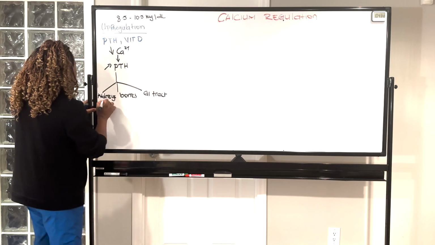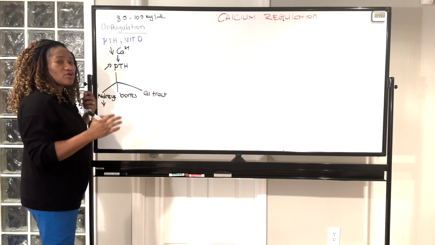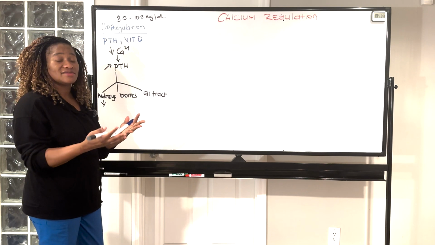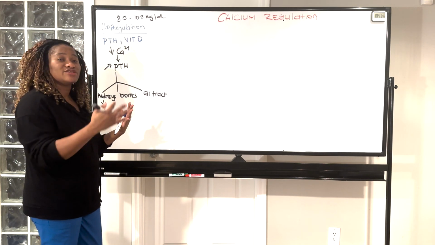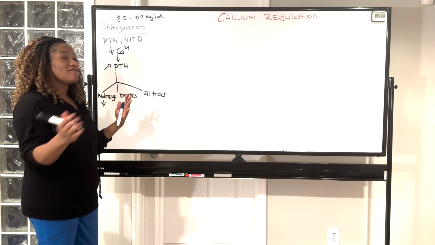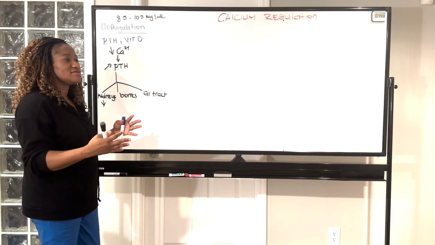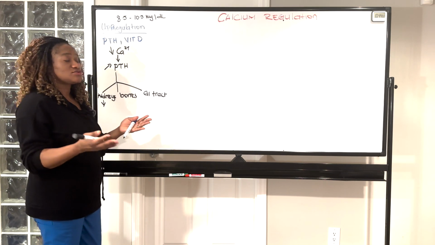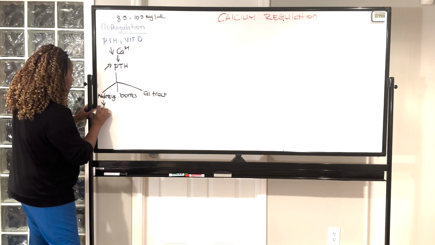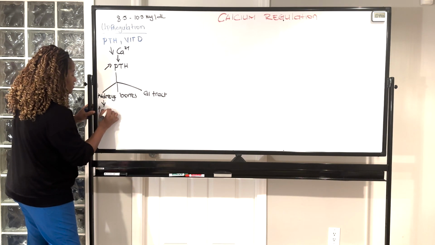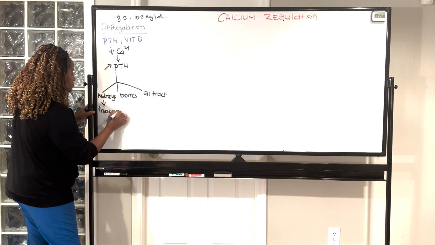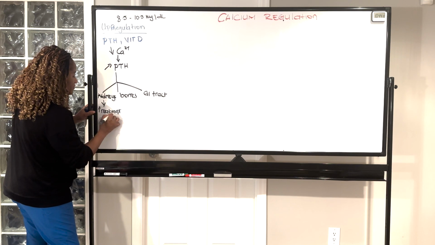So in the kidneys, it's going to favor the reabsorption of calcium, to make sure the kidney doesn't excrete or flush out the calcium. And this is going to be done in the distal tubule. So increased reabsorption of calcium.